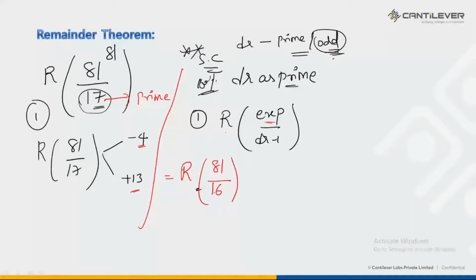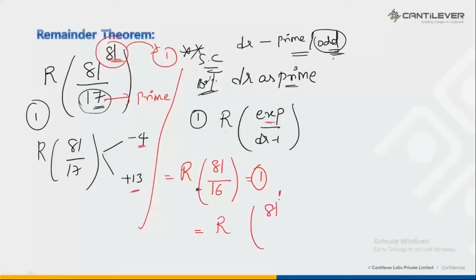Clear? So 16 times 5 is 80, which gets cancelled, so 1 will be the remainder. Now replace the exponent part with the new remainder. So this will be the remainder when 81 to the power of 1 is divided by 17.